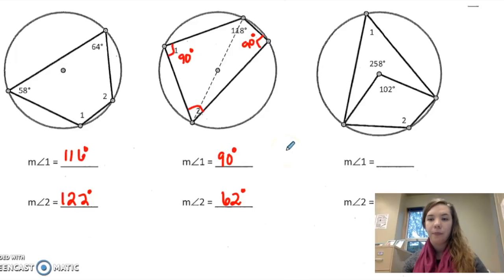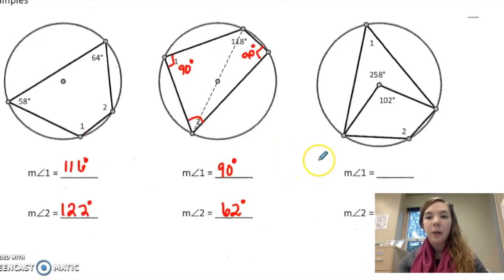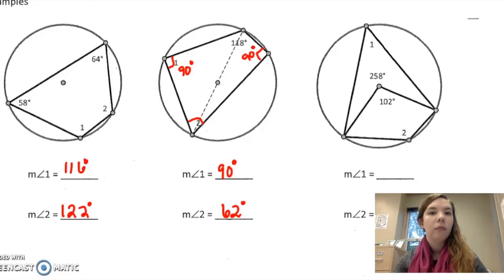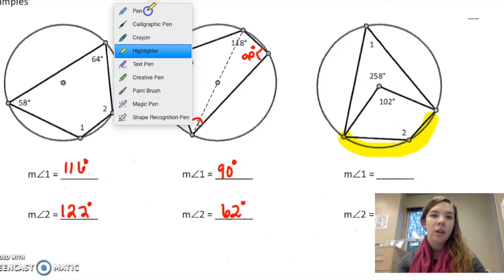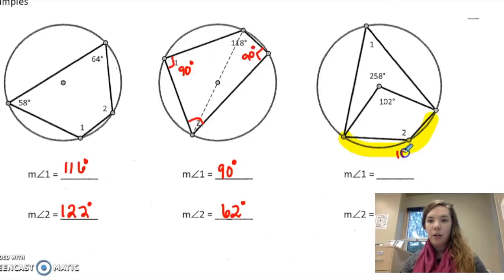Here, first, I have a central angle of 102, which means this whole section I just highlighted is also 102. Now this is connected to an inscribed angle 1, and the arc is twice that length, so angle 1 must be 51 degrees.